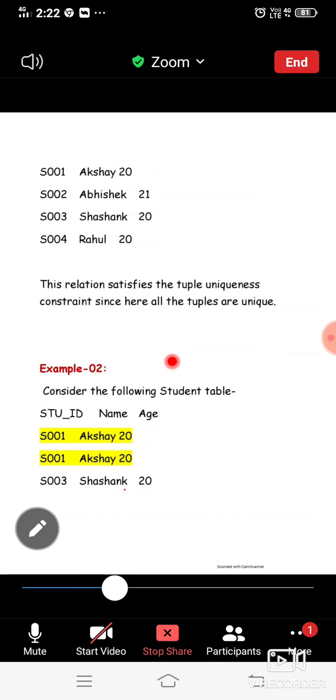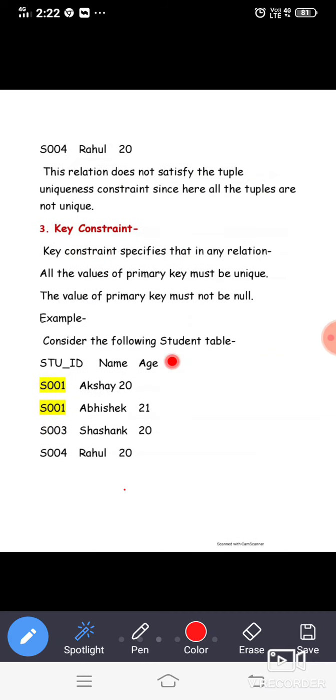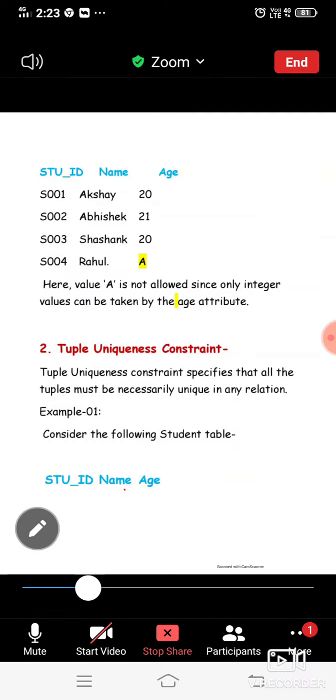In the key constraint, we have taken only the wrong example. We should not have a table like this, where the primary key of two rows can never be the same. So this is a wrong example.